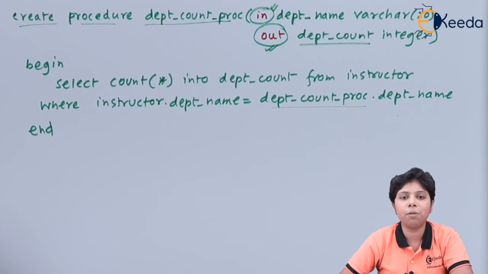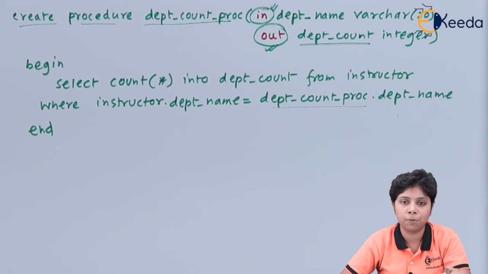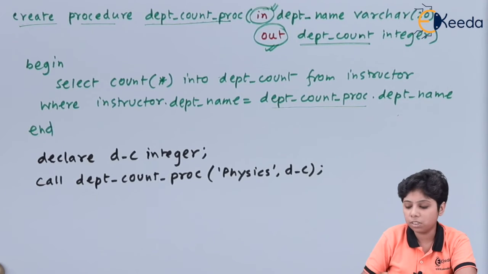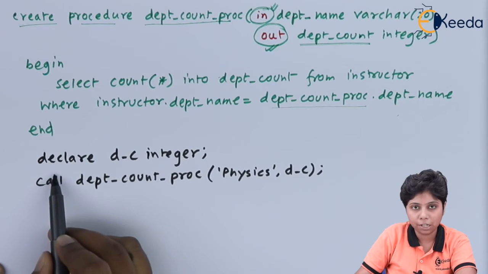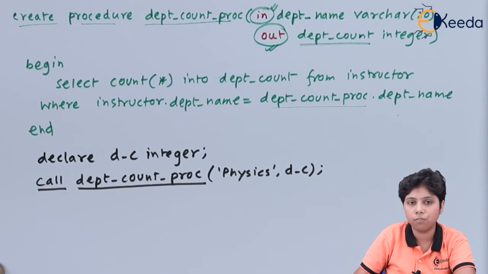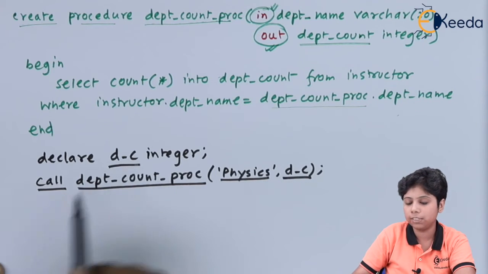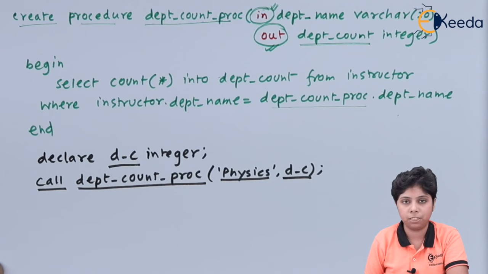Now there can be an inbuilt way to use SQL procedures, or we can define it explicitly and then call the procedure. The explicit way to call the procedure is, see, I have used this declare d c integer declaration and then call this procedure using the call keyword, giving Physics as an input and d c as an output to our procedure.